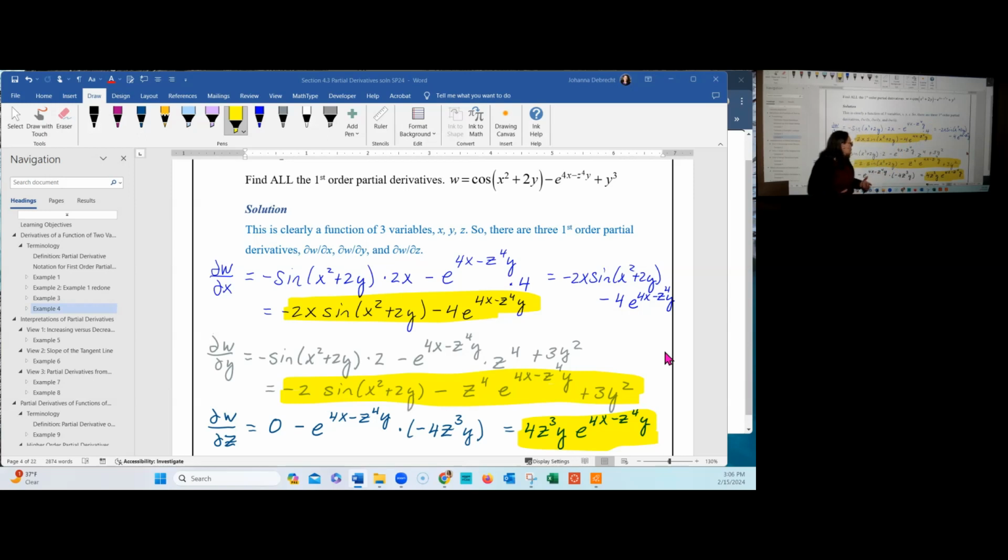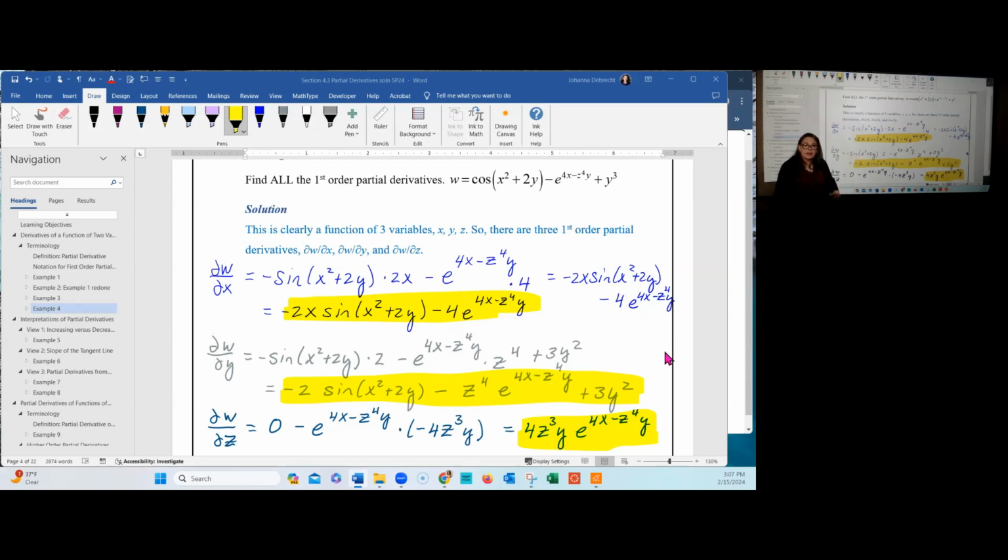This gives us a final value for the partial with respect to x of minus 2x sine of the argument x squared plus 2y, close the argument, minus 4 times the exponential raised to the 4x minus z to the fourth y power.